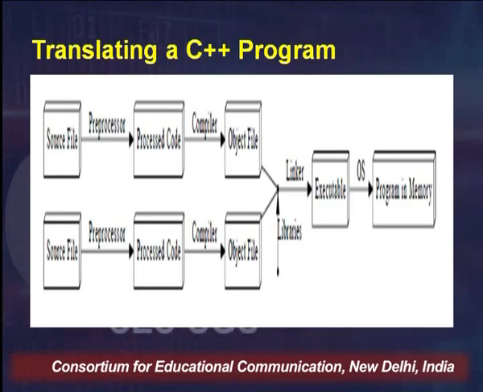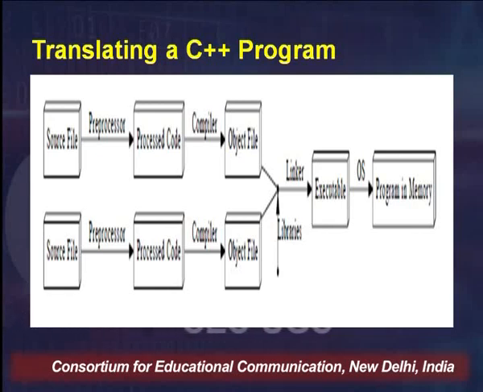The processed code is given to the compiler to generate the object file, and within this object file these libraries, whatever libraries we have used, the most common example which we have seen till now is iostream. So iostream is the library, and iostream is linked to your object file at this point of time, and after this an executable code, which is .exe, is generated.